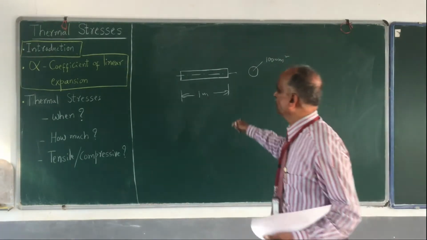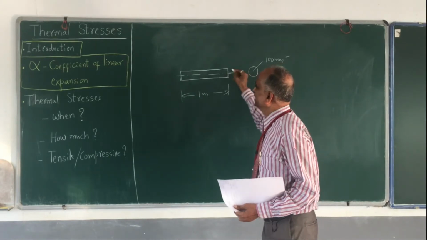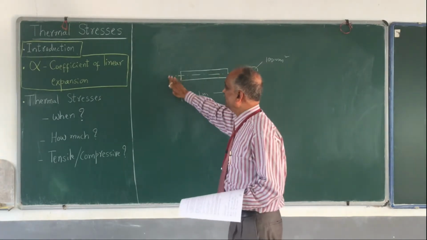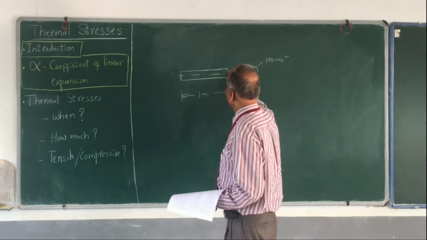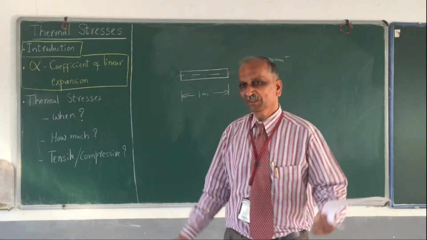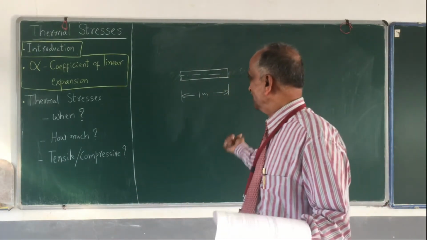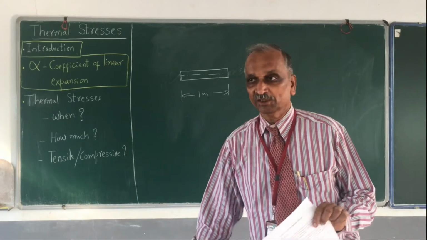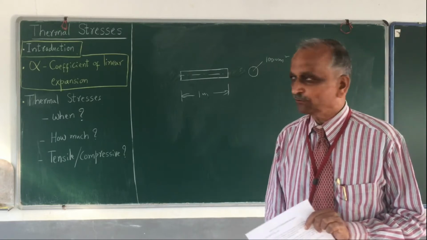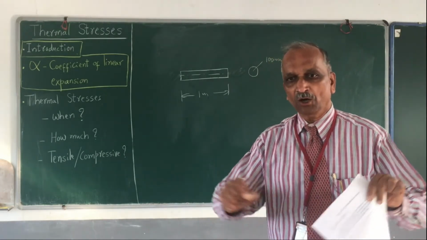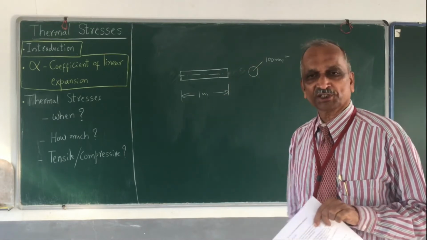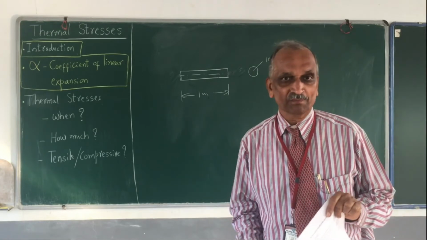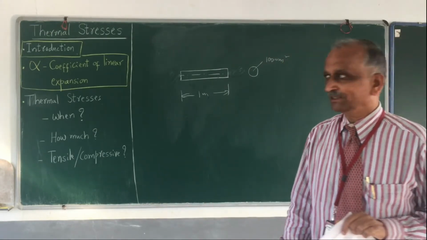If I apply a load along the axis, either a tensile or a compressive load, then I call it a bar. If there is no load, it is a circular member having a certain cross-sectional area and length, so I just call it a member. In our mechanics of materials language, a bar is a long member having small cross-sectional dimensions and, please remember, subjected to axial load. If there is no axial load, we can't call it a bar.